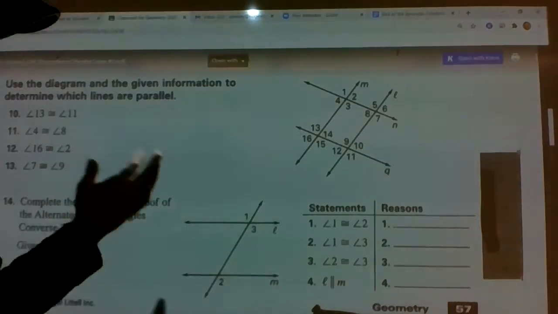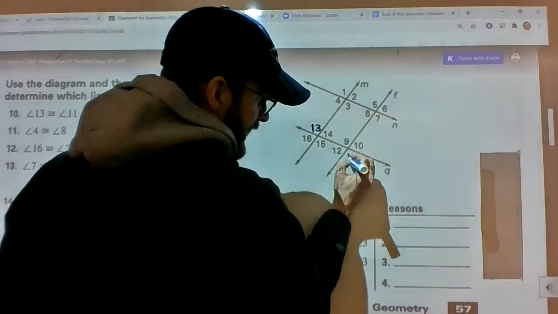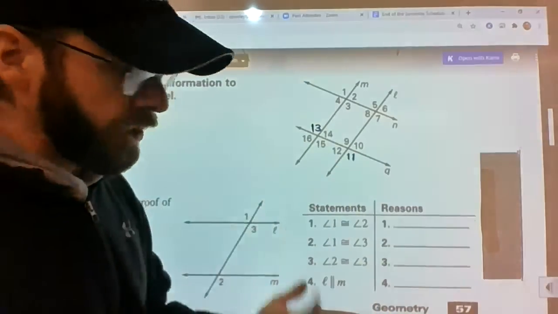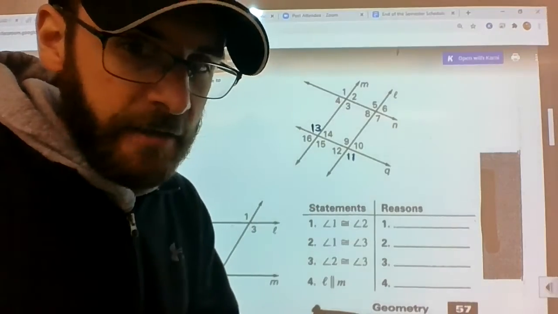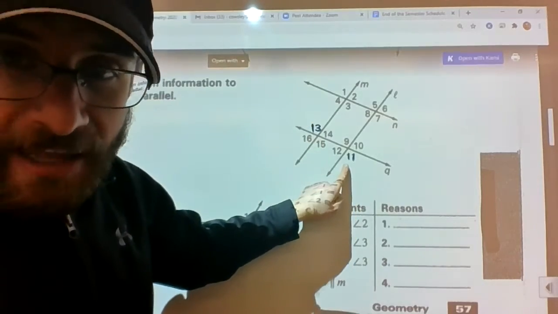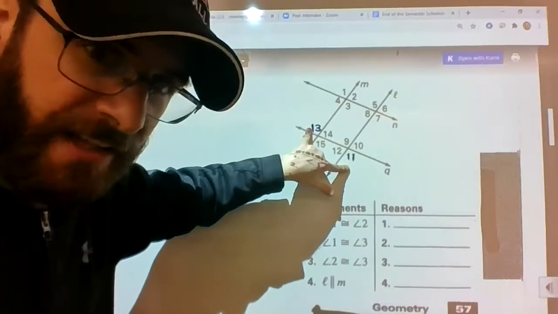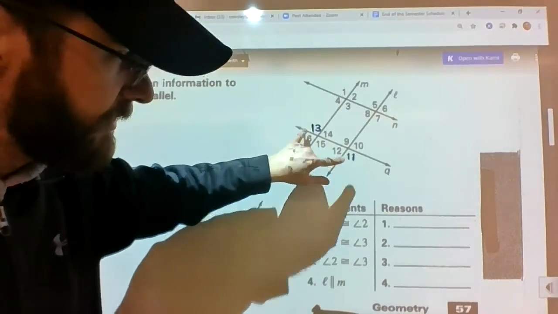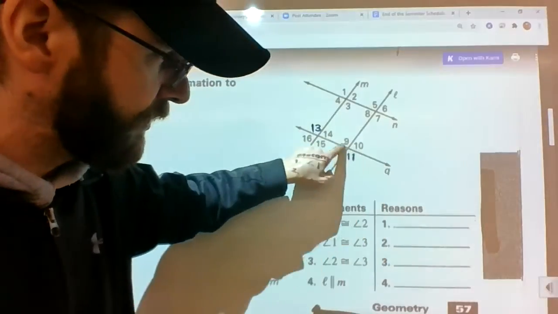So what they're saying is, hey, we know that 13 and 11 must be congruent. These two are congruent. So what does that mean? Well, it means that alternate exterior angles are congruent, which means that the two lines that are parallel are the ones that were formed when you cut it with this Q transversal right here.